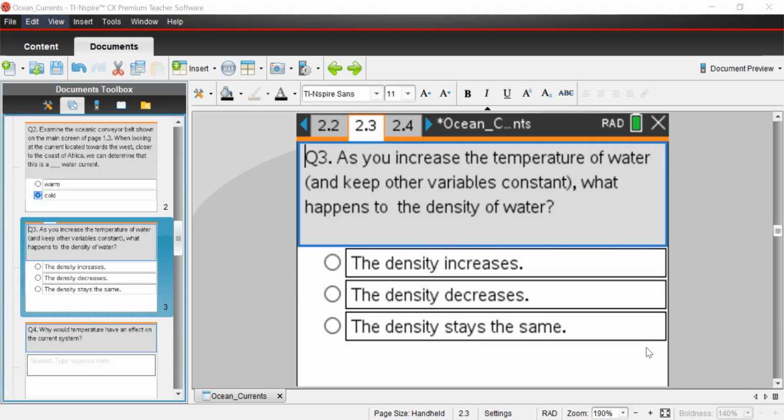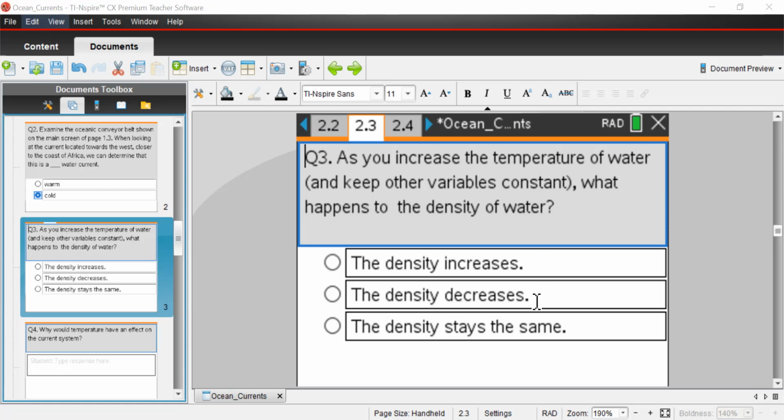Okay, question 3. As you increase the temperature of water and you keep those other variables constant, what happens to the density of water? Well, we talked about this at the beginning of the lesson. If you remember, we said that as you increase temperature of the water, the density of that water is going to go down. It's going to decrease. The molecules are a little more spread out, and as a result of that, the water will be less dense.